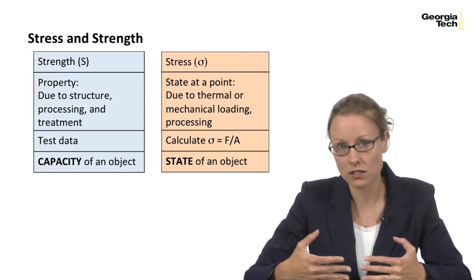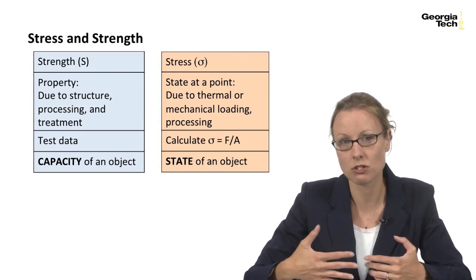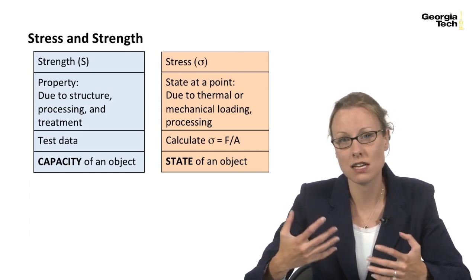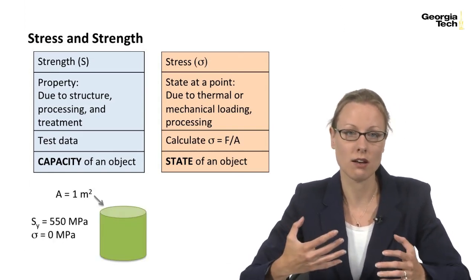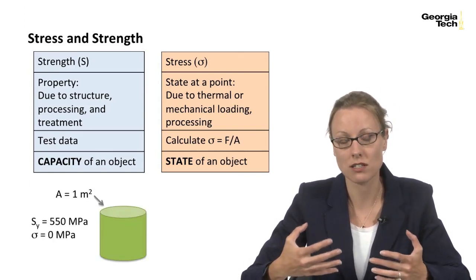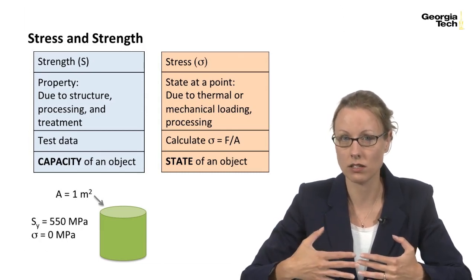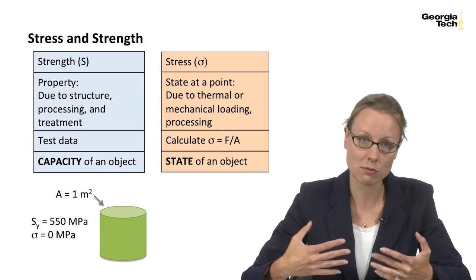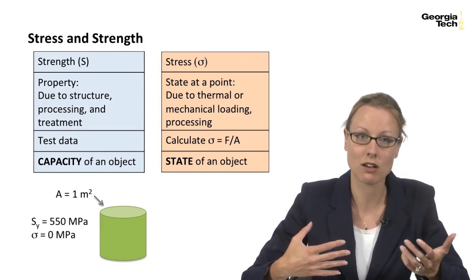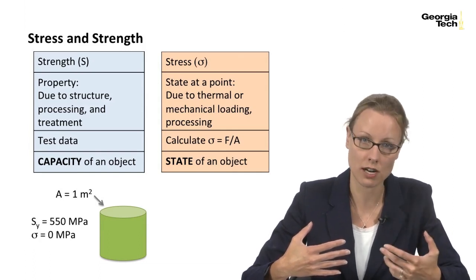You can calculate stress in an object if you know the load and the area or the geometry, and it's really a state that that object is in. And we talked about how if you have an isotropic homogeneous cylinder like we do here, and we're assuming it's behaving in a linear elastic manner, that if there's no load applied, it has a strength of 550 megapascals, but it has 0 stress.